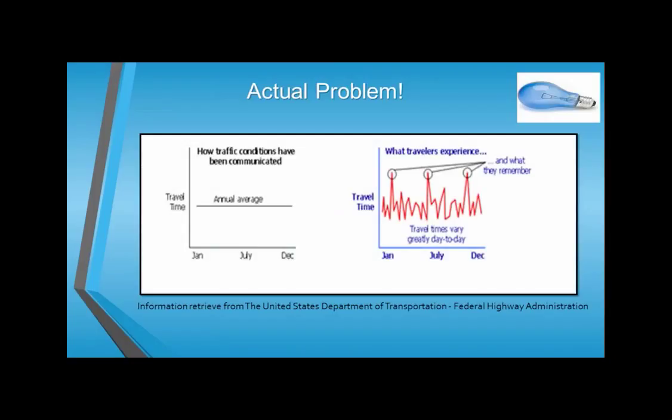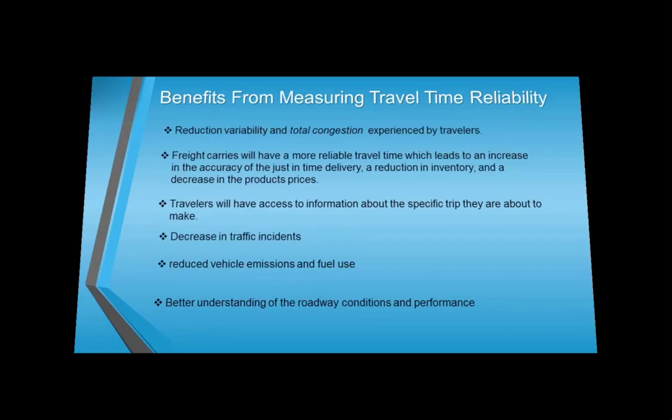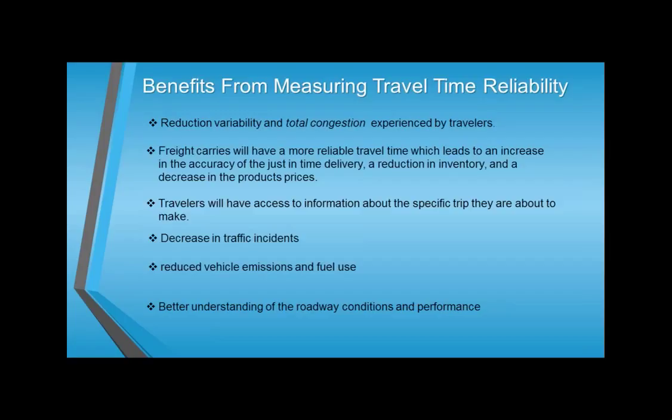So what are some of the benefits that we can get from measuring travel time reliability? One of the benefits is the reduction of the variation and the total congestion experienced by the travelers. Another one is that freight carriers might increase the on-time delivery, which decreases the budget for the inventory, which tends to decrease the prices of the products, which is something that we all want.